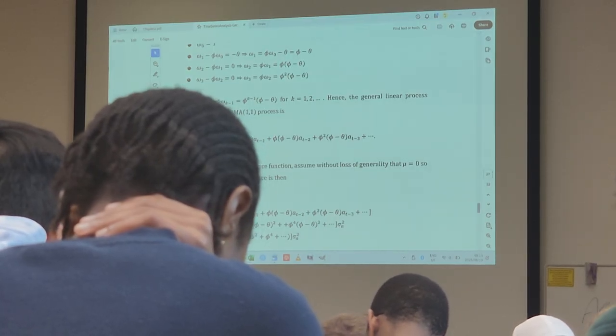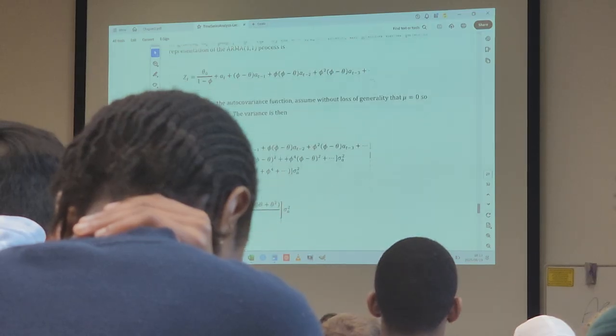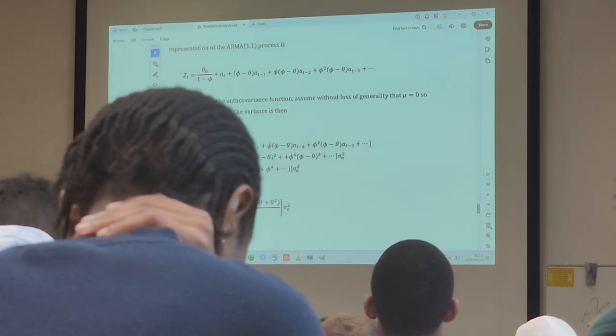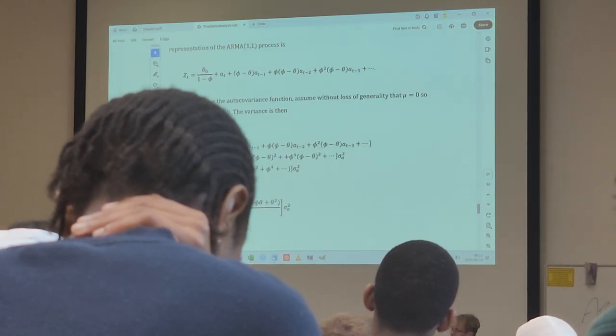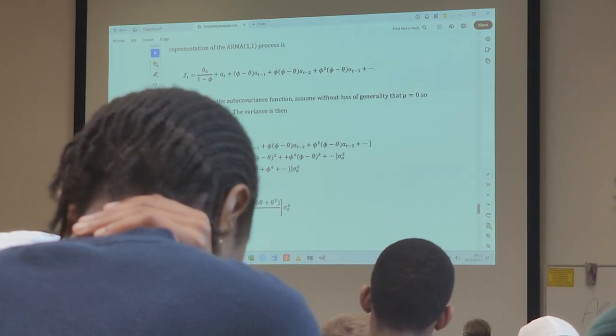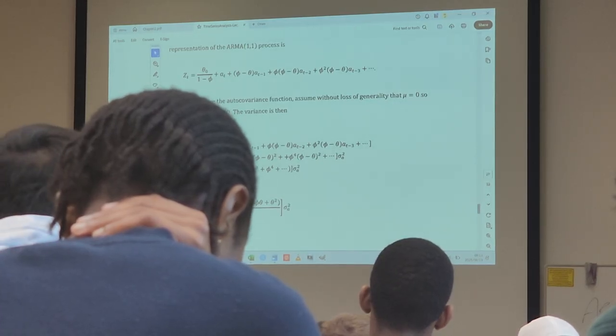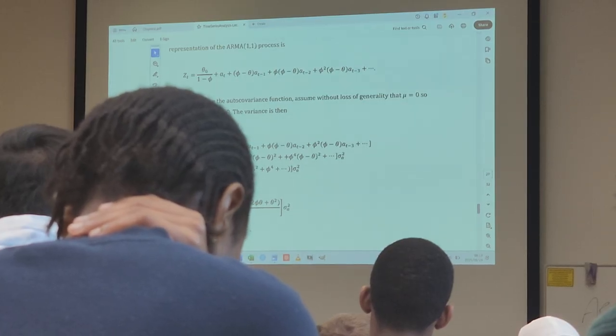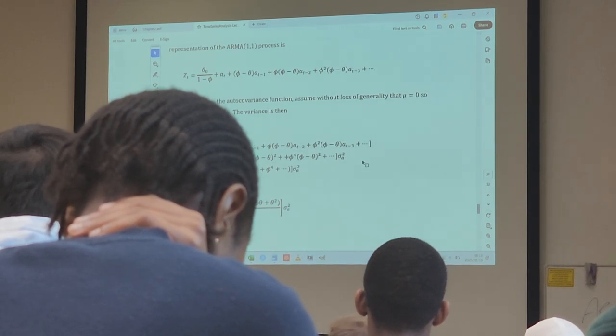And then to get the variance, we can use the formula that we have for the general linear process variance. We need a little bit of simplification, but you quickly write down the variance of this, and this is the formula that you get.